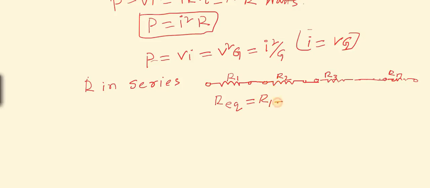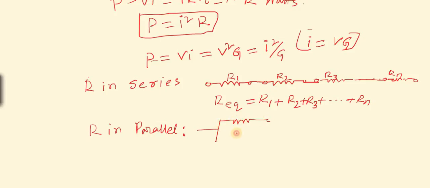This is R1 plus R2 plus R3 plus Rn. And resistance in parallel, which is like this, each individual resistance is in parallel.